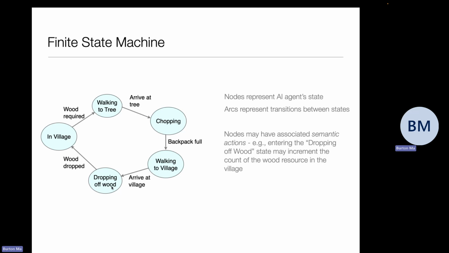Similarly, you're going to remove firewood from the villager's backpack, right? And so inside each one of these states, some sort of computation can occur that causes changes in your game. The same is true of the transitions. And so the transitions can also have some sort of meaning in your game. Okay, so the transitions are triggered by something, right? By some sort of event that happens in the game world.